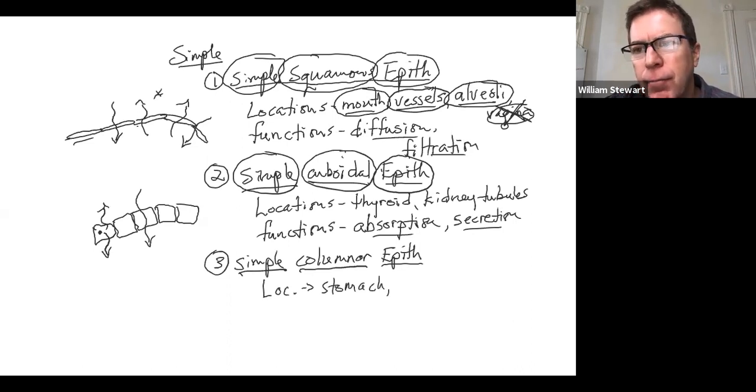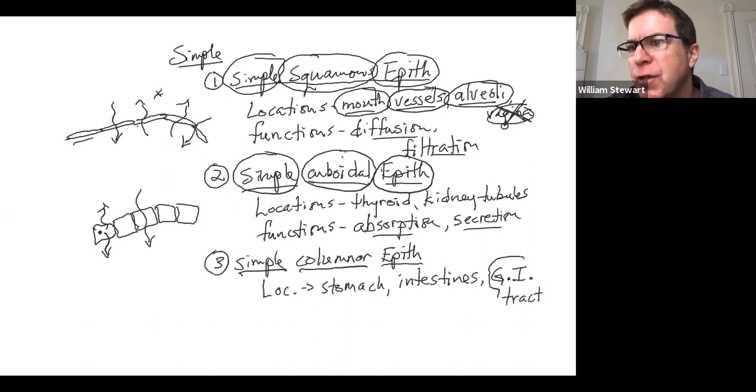Stomach, I'm going to write intestines. That means all three sections of the small intestine as well as the large intestine. And then in general, I'm just going to write GI tract. That's the most common place we find this, that stands for gastrointestinal tract.